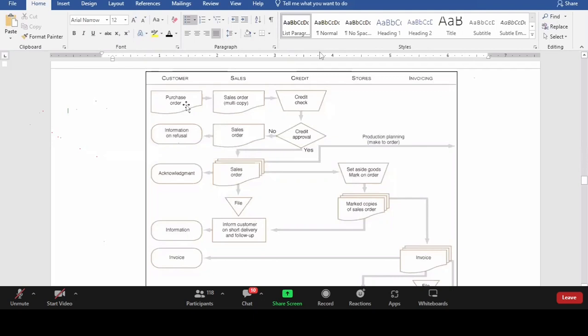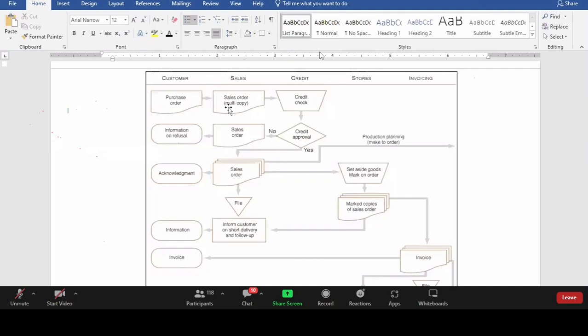So, the customer purchase order: this is the customer's order. The order is received by sales, and sales makes sales orders. Now, some entities may not use some of these documents; I have never seen a sales order in some entities in town.